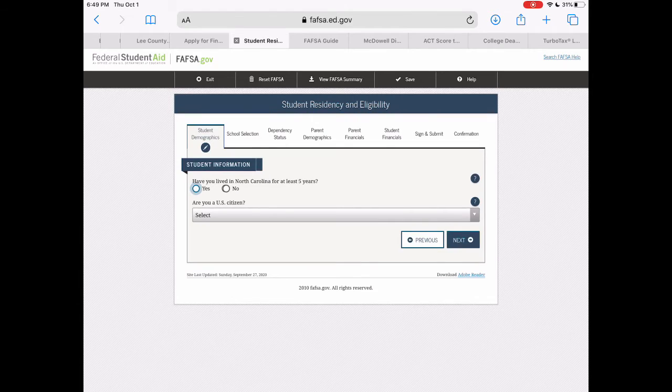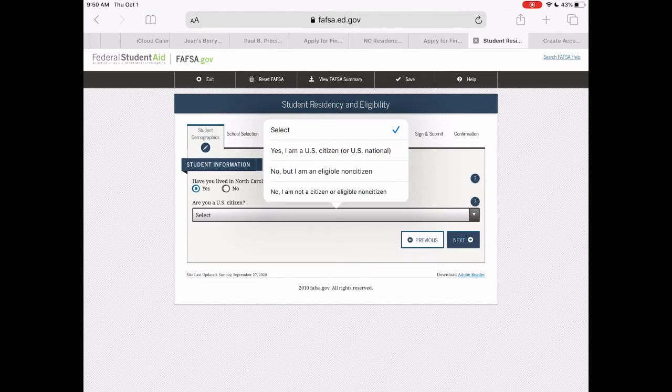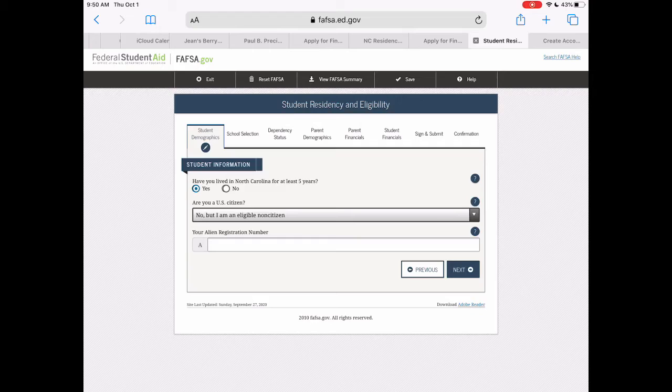And then I'm going to answer these questions honestly. And then sometimes people have questions, what is an eligible non-citizen? So an eligible non-citizen is anybody who has some form of documentation for their immigration to the US. Basically that's anyone who has an alien registration number.